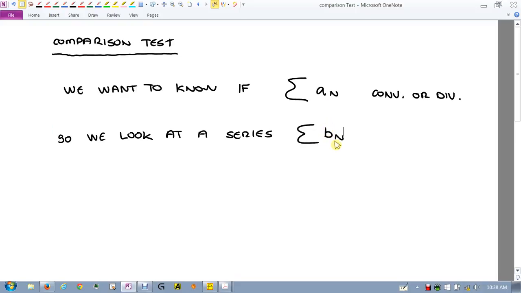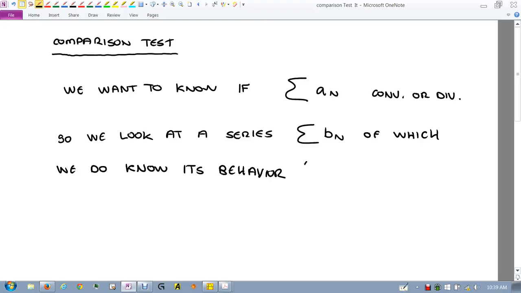So this is a sub n, I'm calling this b sub n. We're going to compare it to another series of which we do know its behavior. In other words, we know if it converges or diverges. So we got this series, we're trying to figure out what the heck it does. So we compare it to this other series that we do know what it does. We do know it's convergent, or we do know it's divergent.